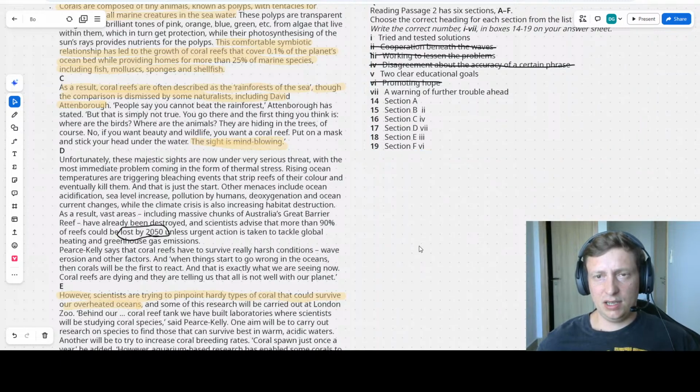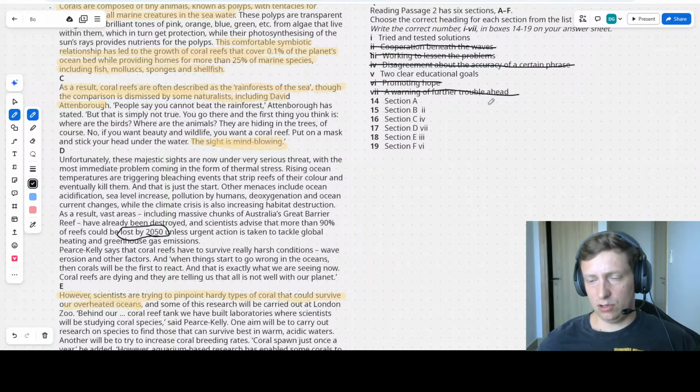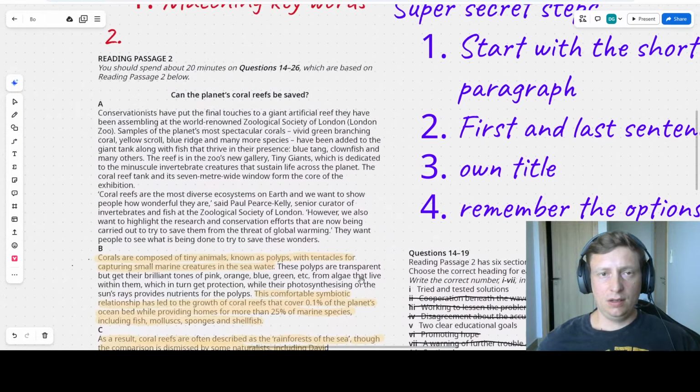And lastly, for section A, we need to see if it's more about educational goals or solutions. Okay, let's see here. So, conservationists have put the final touches to a giant artificial reef that they have been assembling at the world.